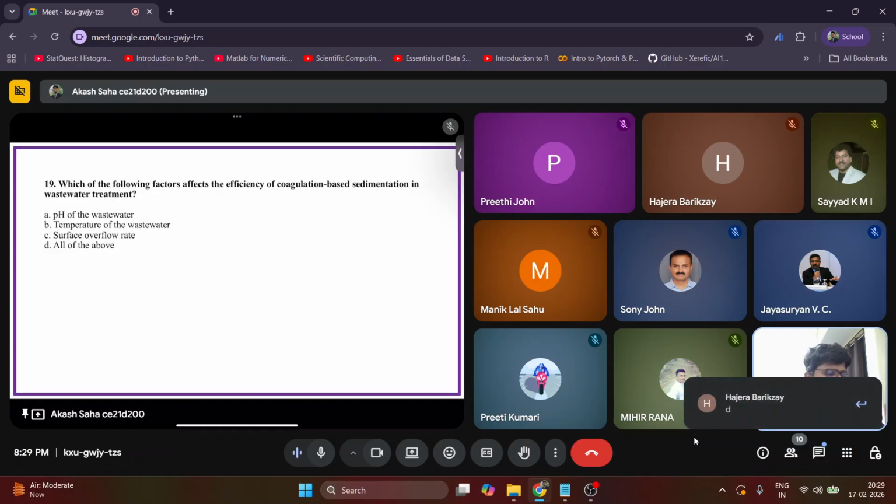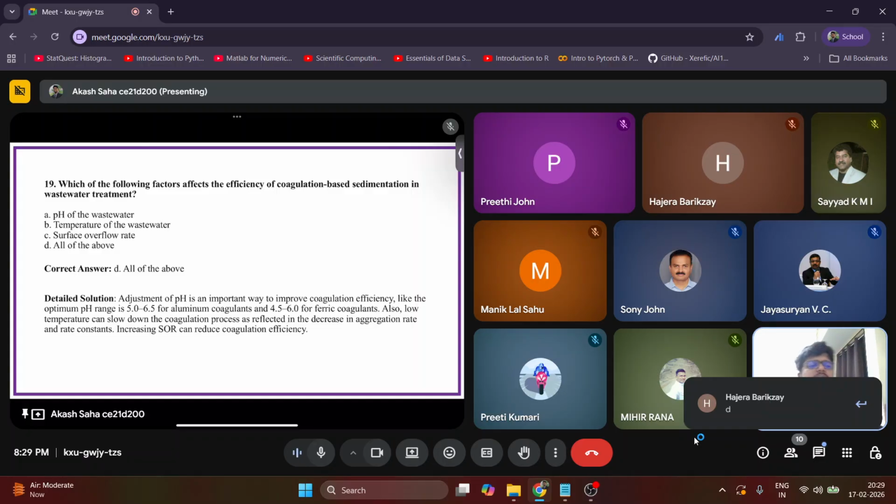D, all of the above, because pH definitely matters, every coagulant has a pH range in which it is mostly active. Temperature is also important because a low temperature can slow down the agglomeration of the particles, so coagulation will be affected. Then surface overflow rate. If you increase the surface overflow rate, then the efficiency will decrease. So like that, it will affect.